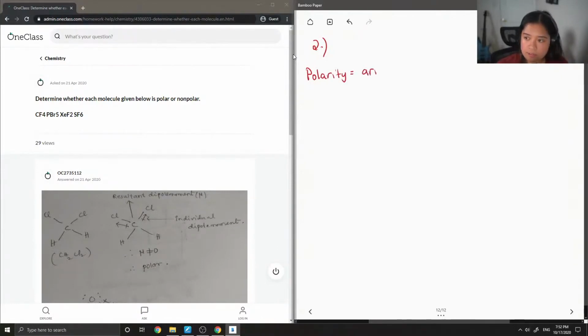So polarity arises due to the separation of electric charge. So this leads to dipole moments.